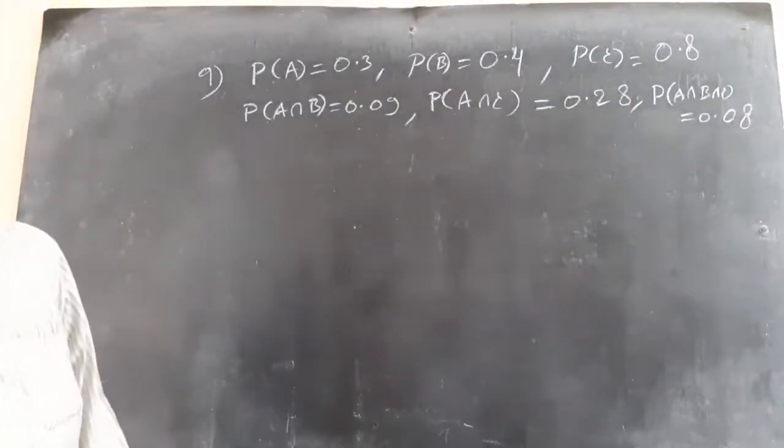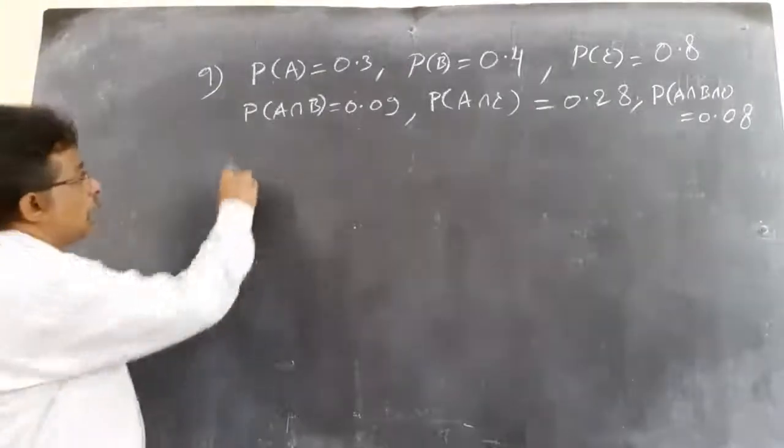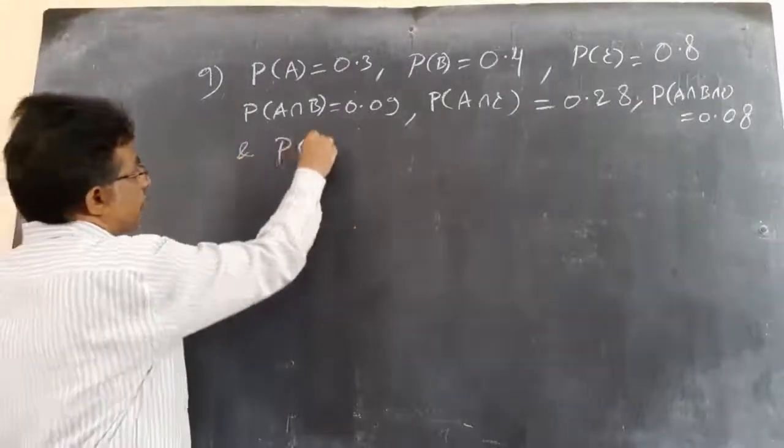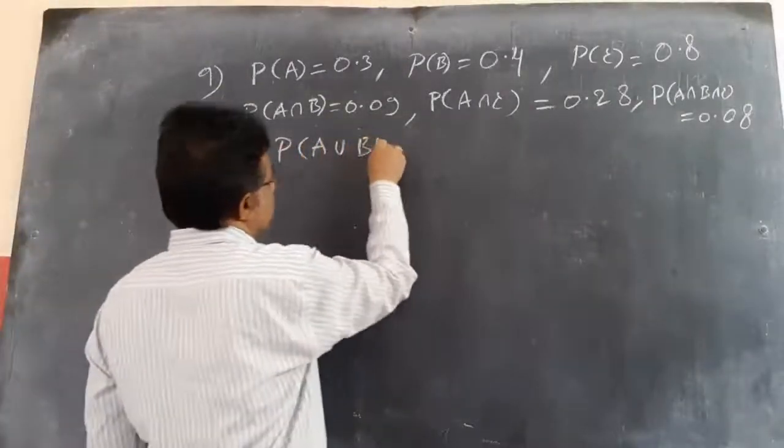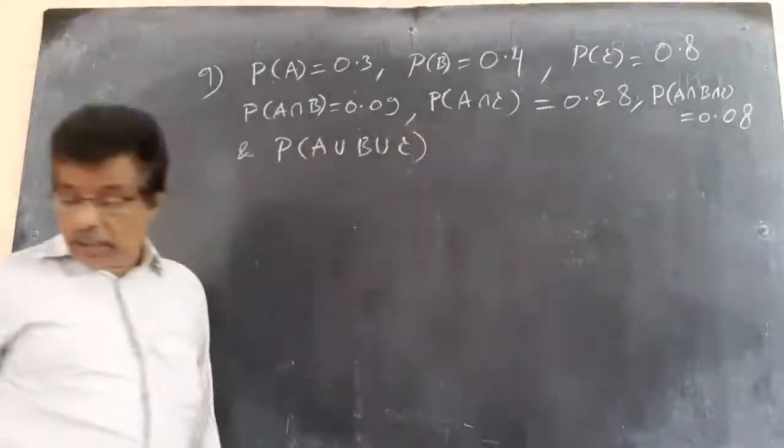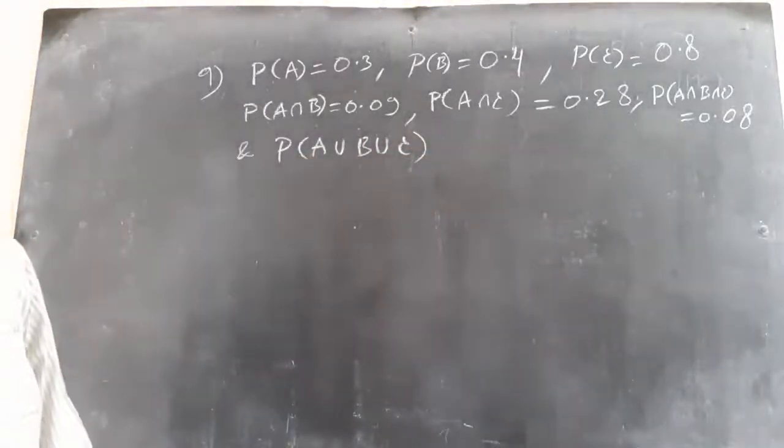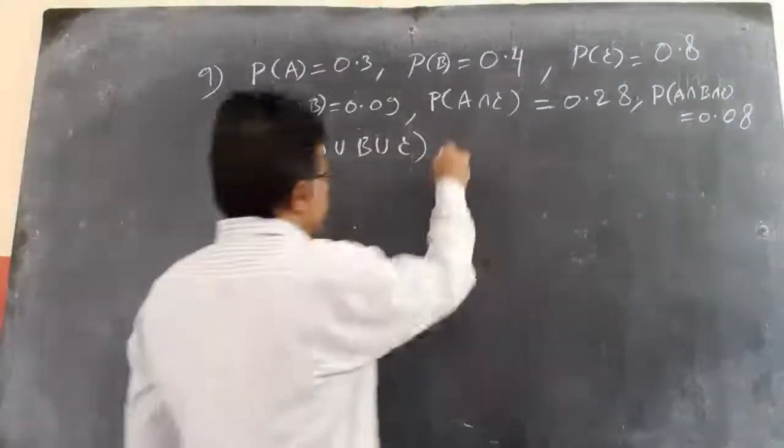Then P of A union B union C is greater than or equal to 0.75.